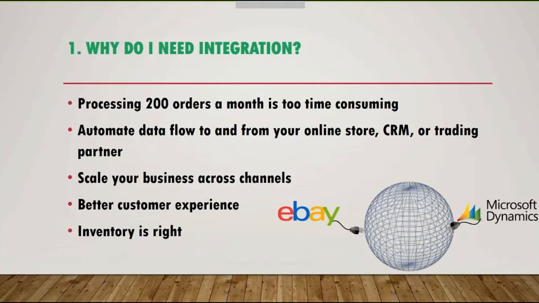I touched on this a little bit earlier, but I think the order volume is something that really determines if integration is needed or not. So for an online store, for an e-commerce platform, we see anywhere from 200 to 250 orders in a given month is really something that triggers people to say, listen, I can't keep up here.